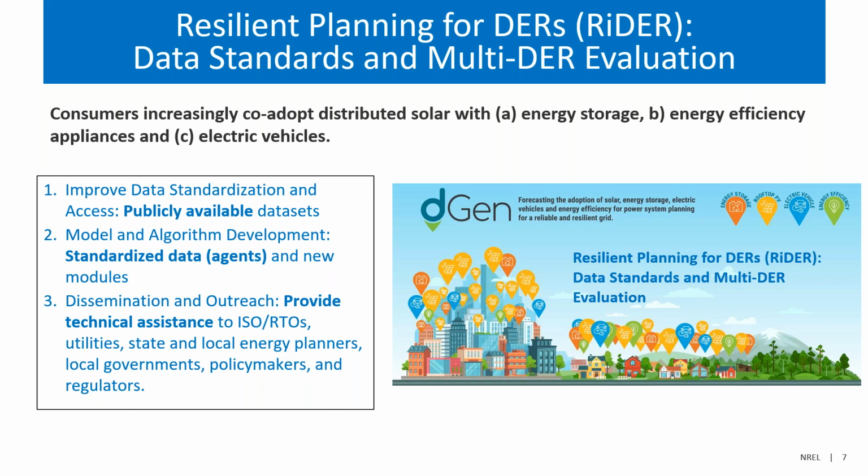The third major piece is dissemination and outreach, where the major aim is to provide technical assistance and technical guidance with respect to data, analysis, and code to ISOs, RTOs, utilities, and state and local energy planners, basically people who think the analysis would be helpful for them or their stakeholders to come up with a decision or see how much forecasted rooftop PV, storage, energy, and EVs they're expecting in their territory, in their state, in their city in the next 20, 30 years.